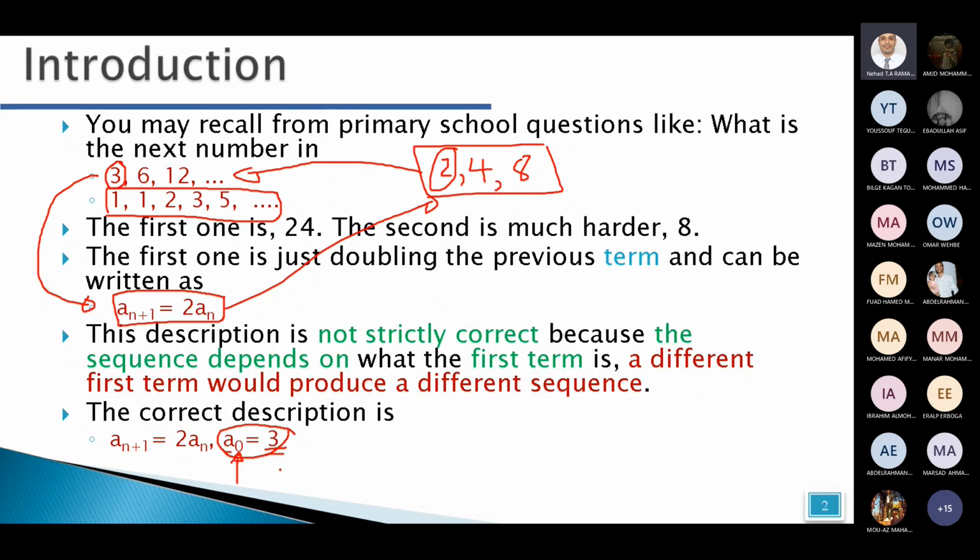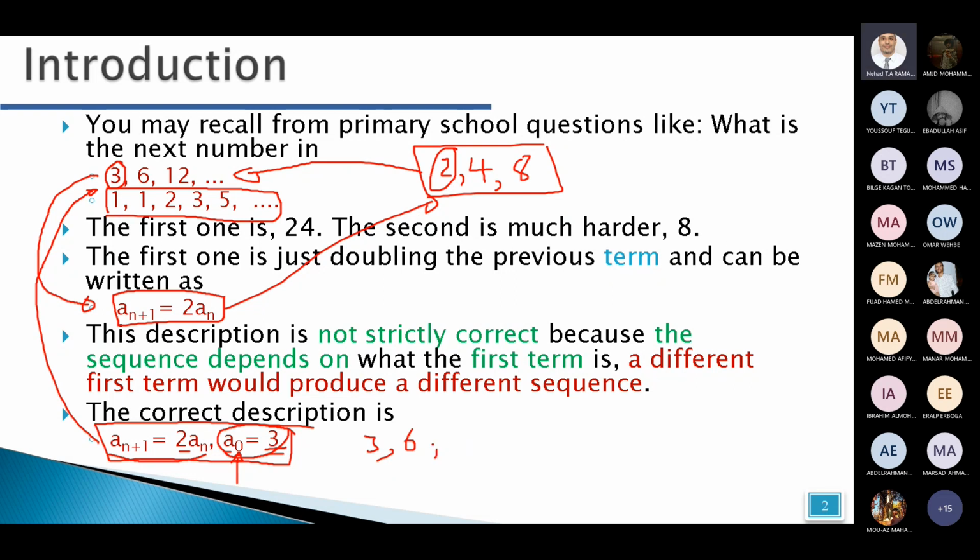Now we know the first element and we know the recurrence relation. It's a full, correct description for this series. I know that I must start from 3, then apply this one. Each element is 2 multiplied by the previous element. So 2 multiplied by 3 is 6.